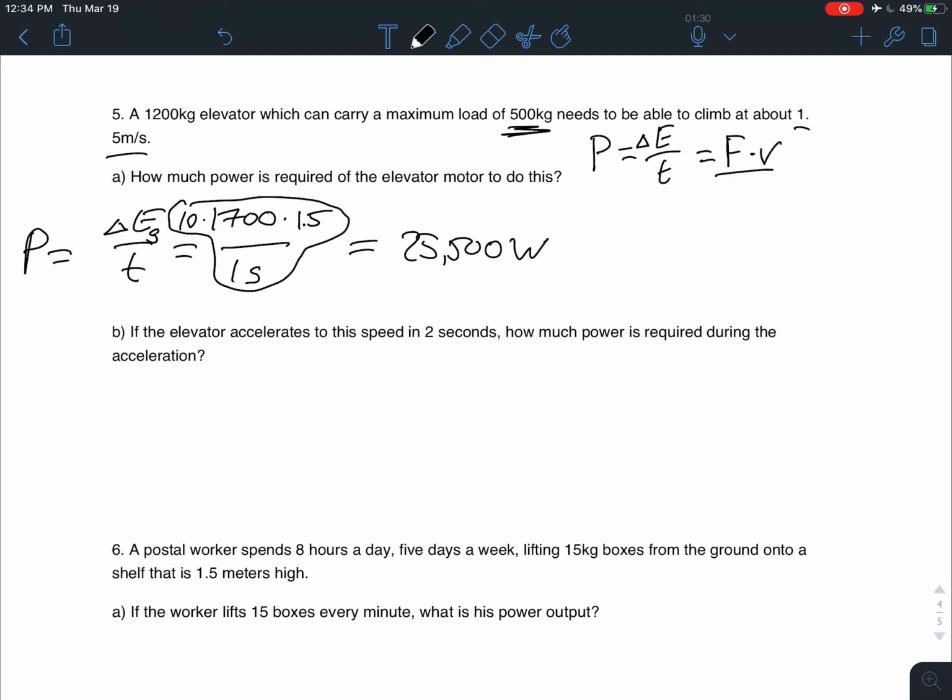Now, what if you wanted to do it this way? Well, if the elevator is going up at a constant velocity of 1.5 meters per second, then the lifting force and the gravitational force, since it's going at a constant velocity, would have to be equal. So if we want to do the force times velocity way, power equals force times velocity, the force of lift has to equal force of gravity, and the force of gravity is just 10 times mass.